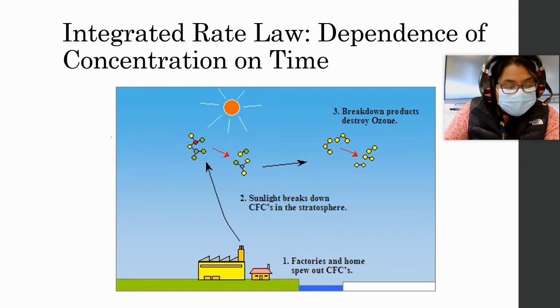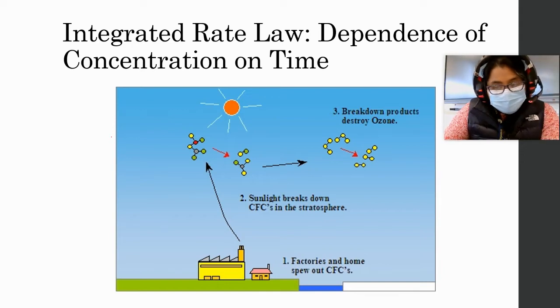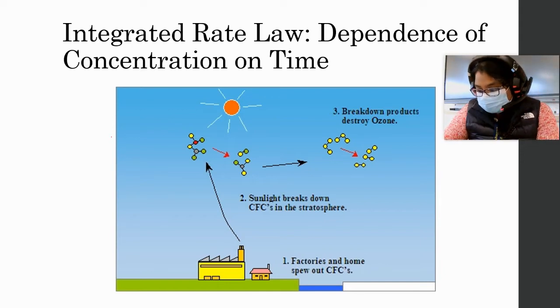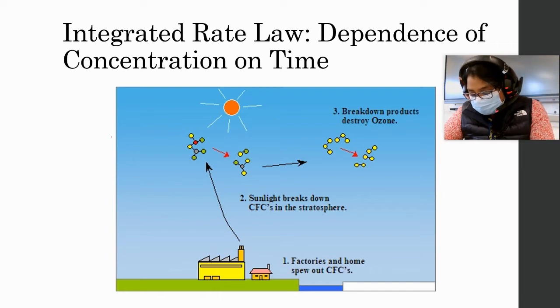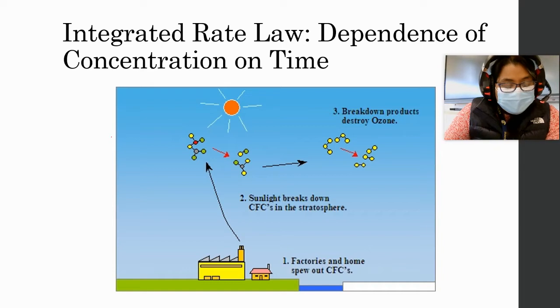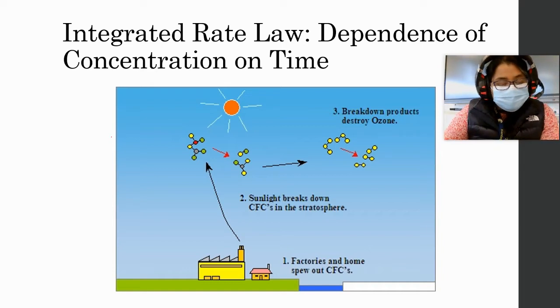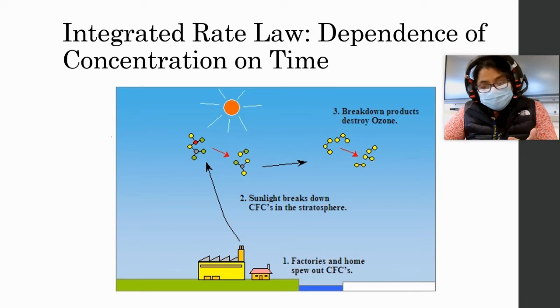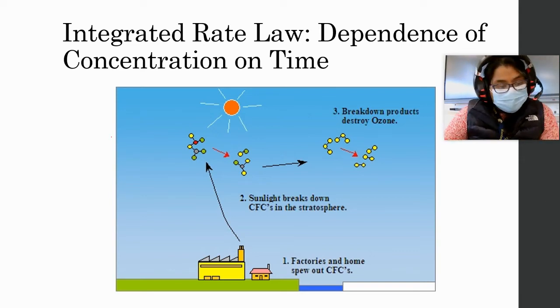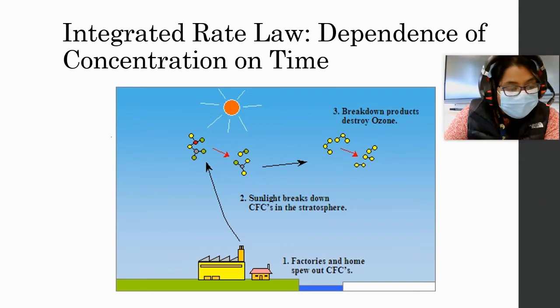If you think about a reaction, this used to be pretty common in the 90s and early 2000s to talk about chlorofluorocarbons in the atmosphere. CFCs threaten our ozone layer because they produce compounds that basically make holes in it.